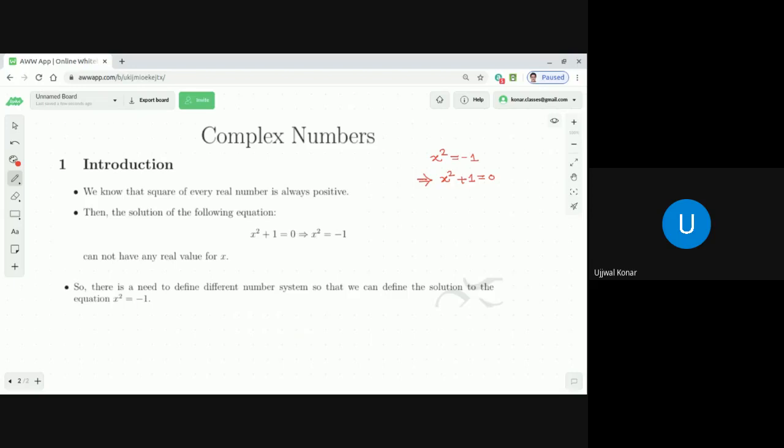Now with this knowledge, here we find one equation, x square equal to minus 1, where the solution is not a real number. So the last point I wrote is that there is a need to define a different number system so that we can define the solution to the equation x square equal to minus 1.